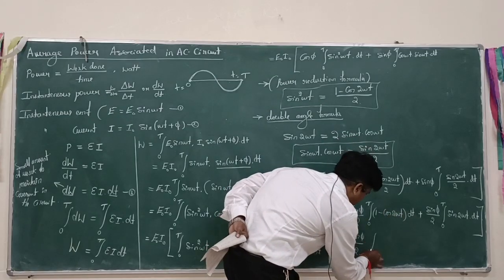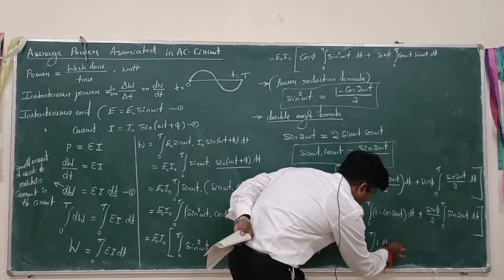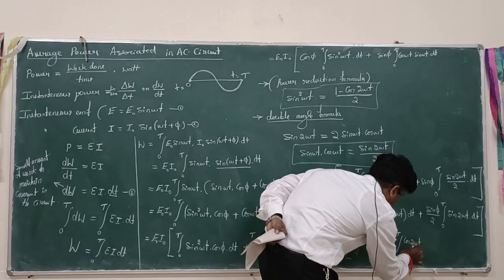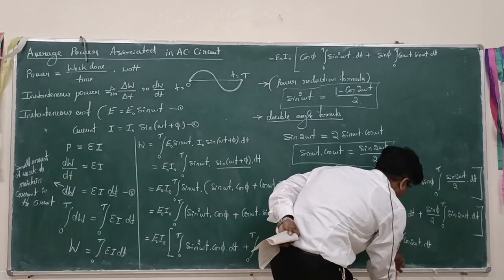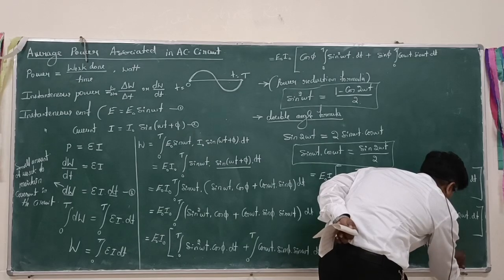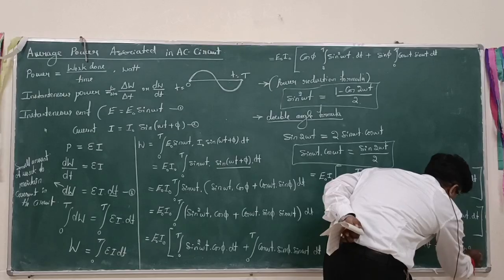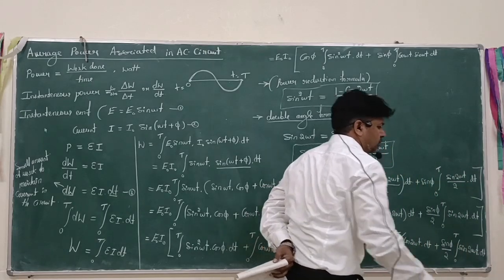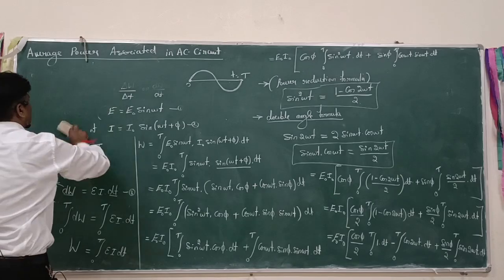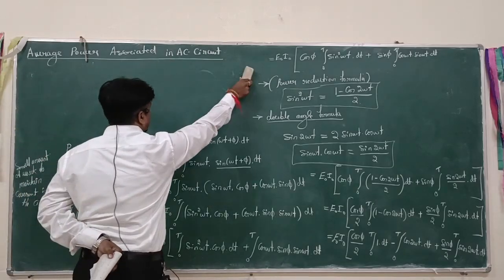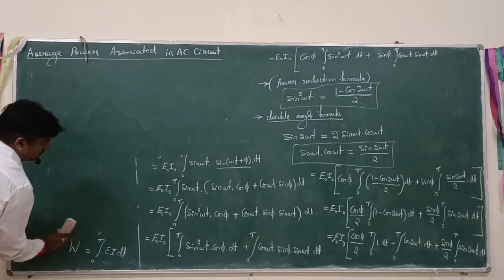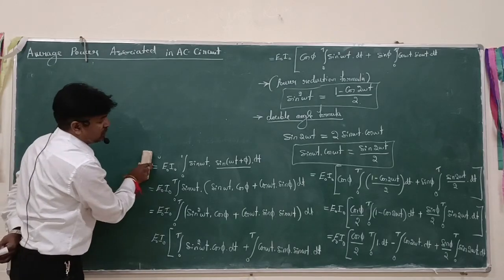Let me separate this here: integration 0 to T of 1 into dt minus integration from 0 to T cos 2 omega t into dt, plus sin phi divided by 2 integration 0 to T sin 2 omega t dt. Up to there it comes.